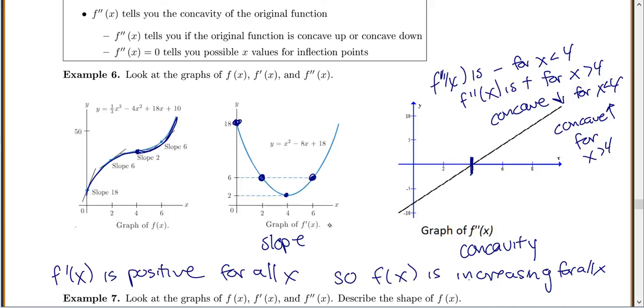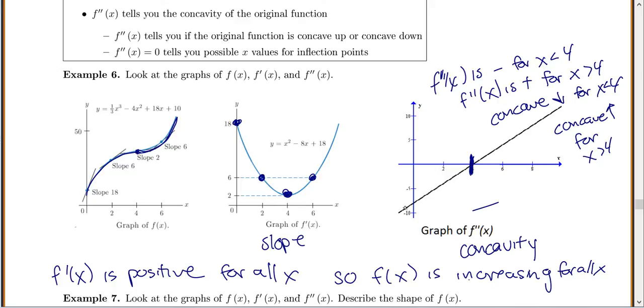And if that was the case, and you need your original function, notice, is there a minimum here? There is. And so that would have to be where your derivative changes from positive to negative. So if this was your original and this was your first derivative, notice the derivative here would be equal to 0 at 4, which is where we had our minimum.